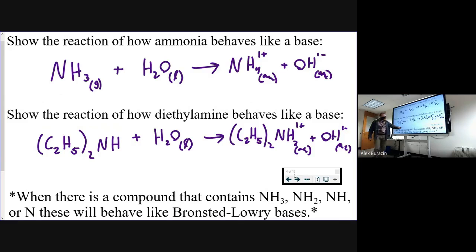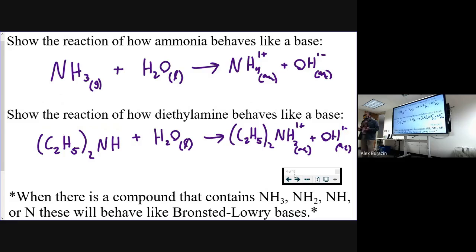These groups of nitrogen will take hydrogen from water. When I mix any of these nitrogenous bases in water, they will produce hydroxide. The hard part is picking these suckers out, because this is not a formula we've ever seen before. And the next one I give you is probably a formula you've never seen before.